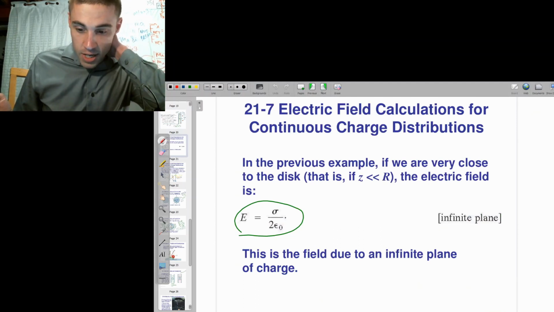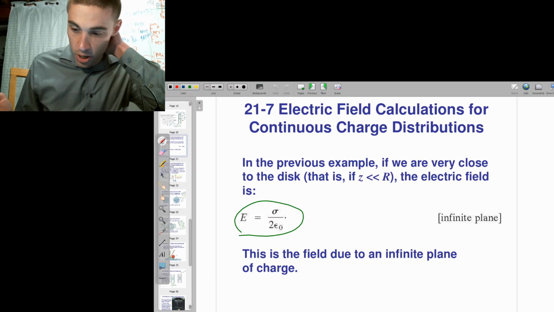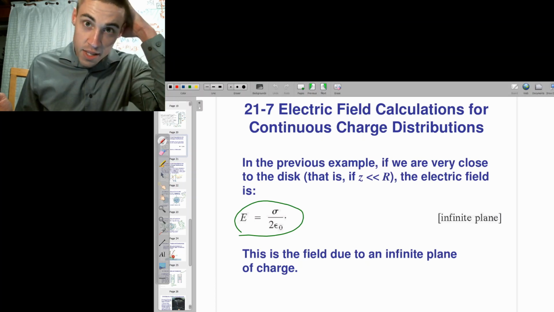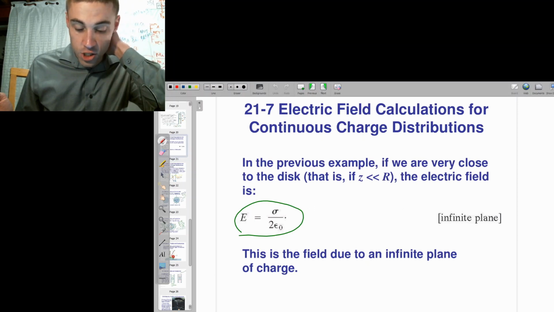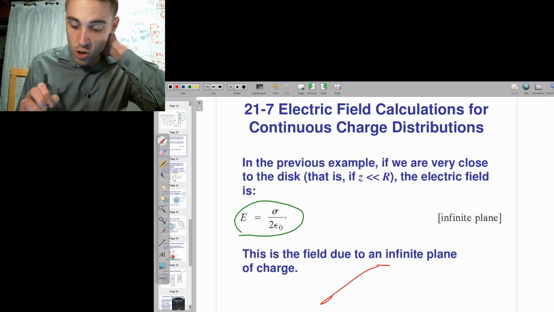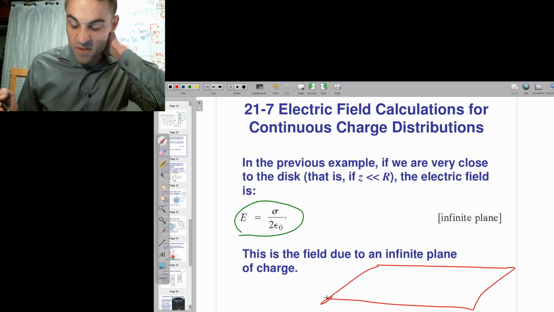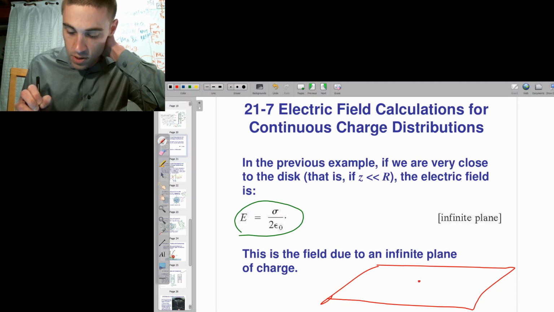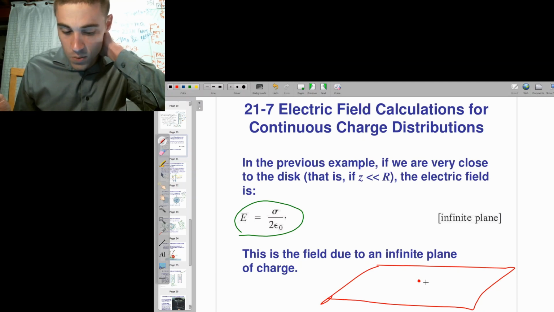Moving on. So, you might remember from before we did this example problem where we calculated the electric field a small short distance above a plane of charge, an infinite plane of charge. And we also said that if the plane of charge is really big and it's finite, but you're really, really close to the surface, like a centimeter away from a plane that's a meter on each side, it will look, for all practical purposes, infinite to you.